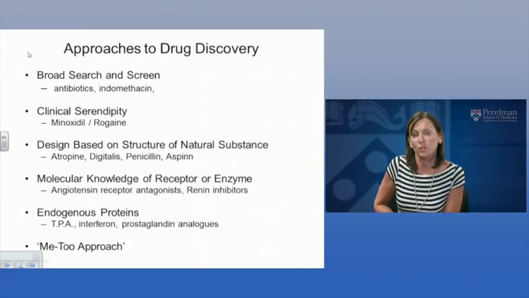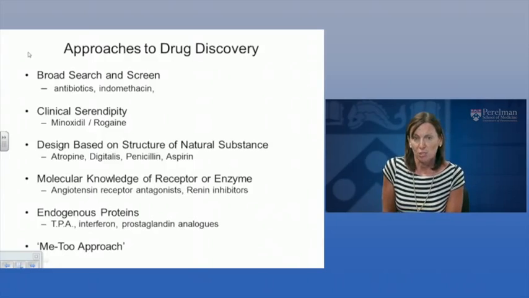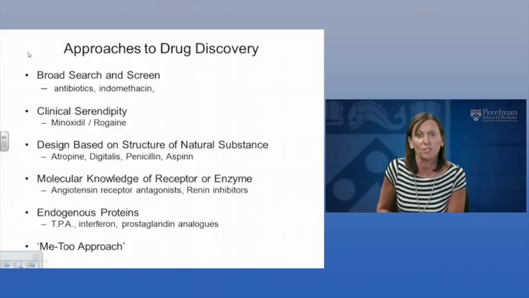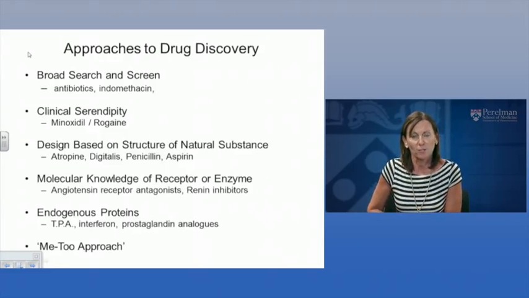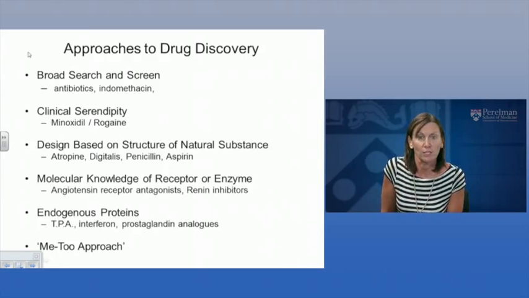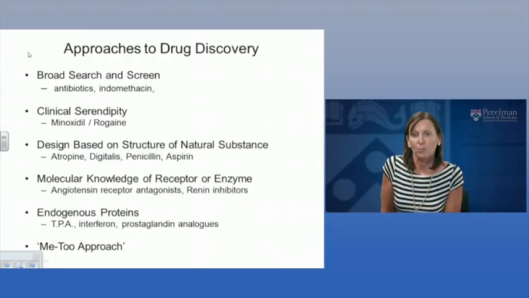So giving supraphysiologic doses of a naturally occurring protein to dissolve the clot is an example of knowledge of an endogenous protein given exogenously to treat very acute medical conditions.